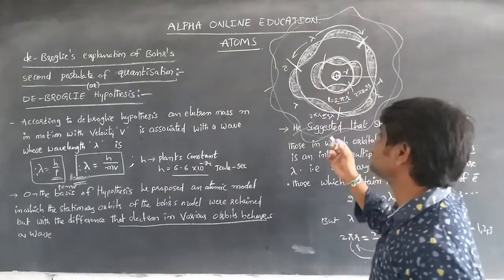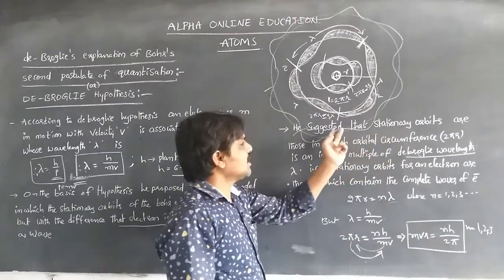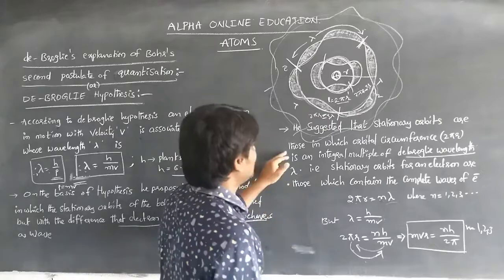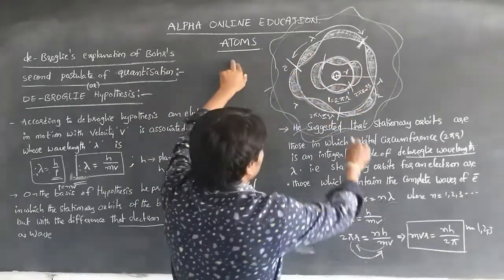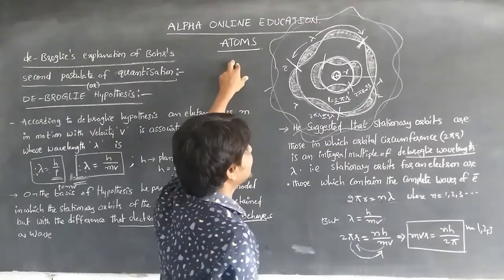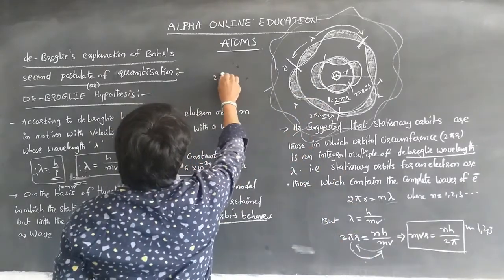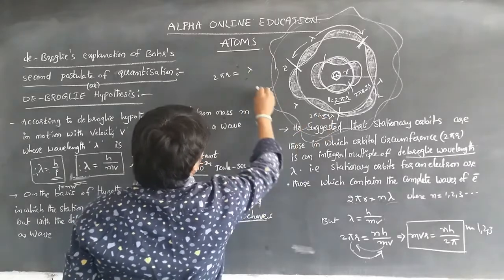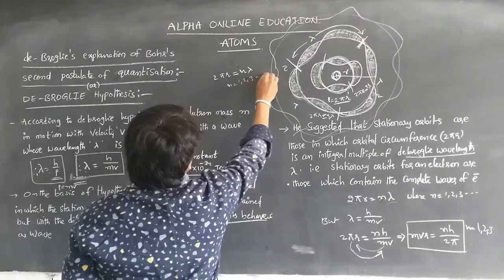So according to the de Broglie hypothesis, the stationary orbits are those whose orbital circumference, that is 2 pi r, is an integral multiple of the de Broglie wavelength, where n is the number and it goes on.